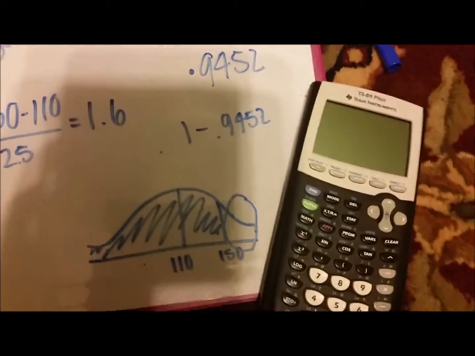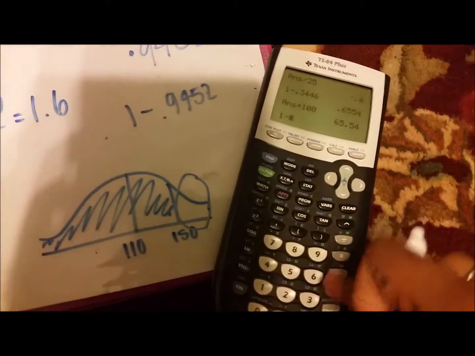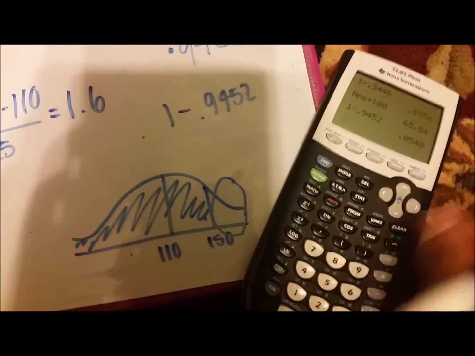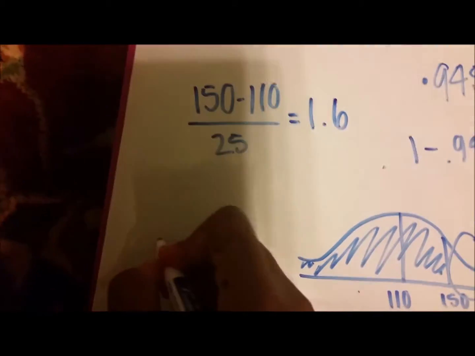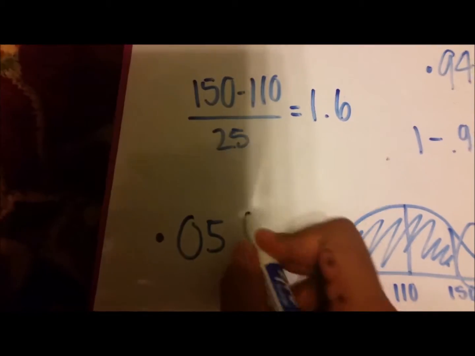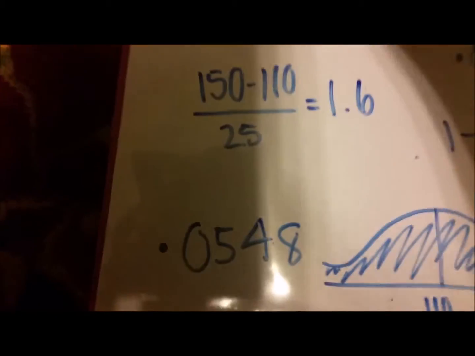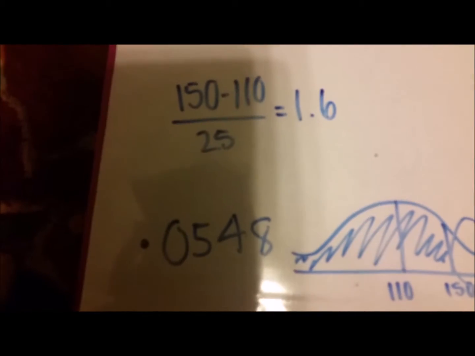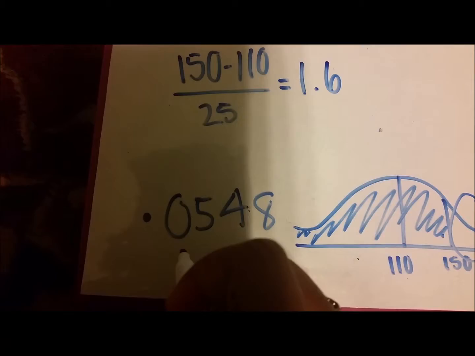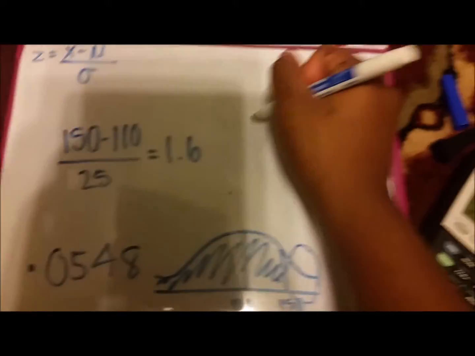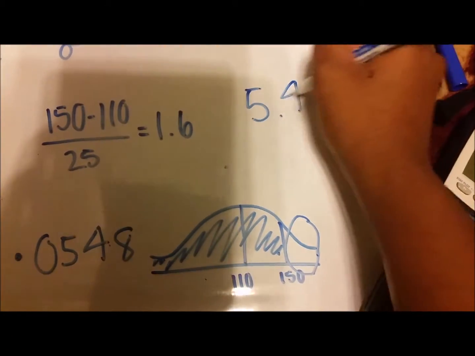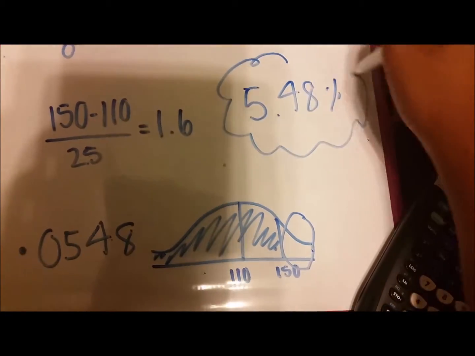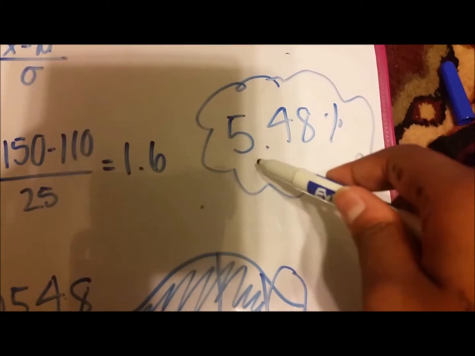If you plug that into your calculator, you get 0.0548. Now turn that into a percent, since that's what we're looking for. We're going to multiply it by 100, and we will get 5.48%. And this right here is our final answer for B.